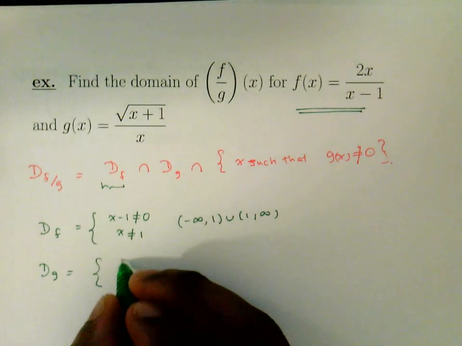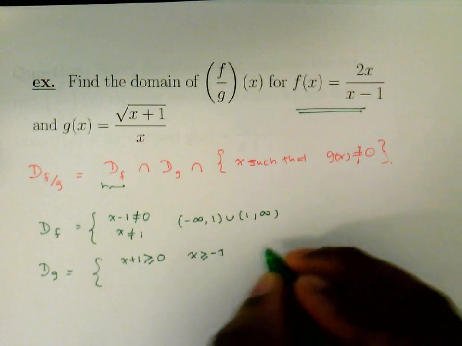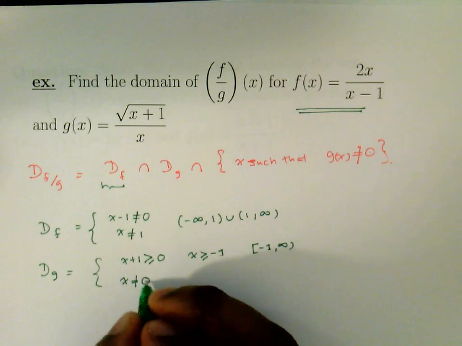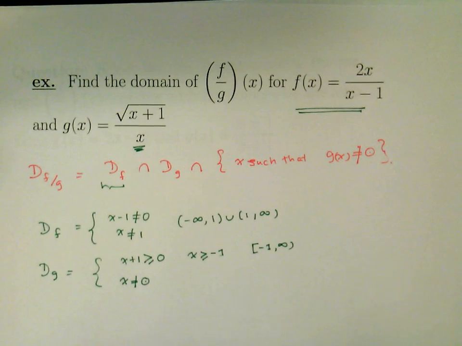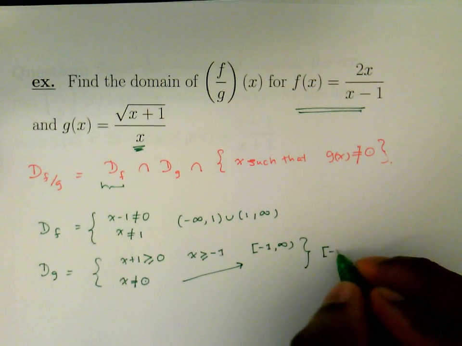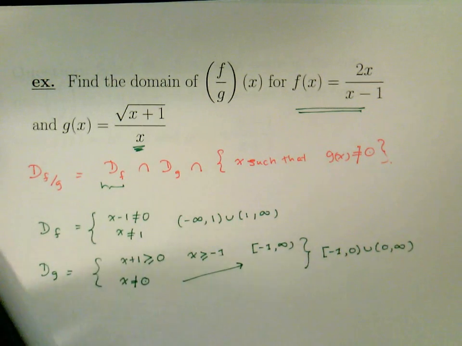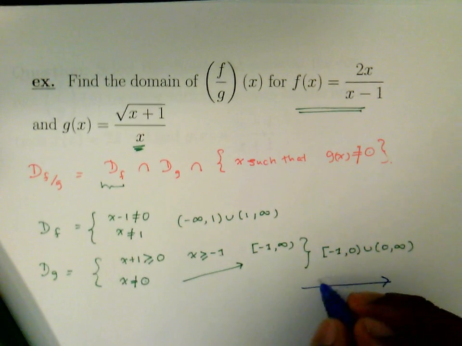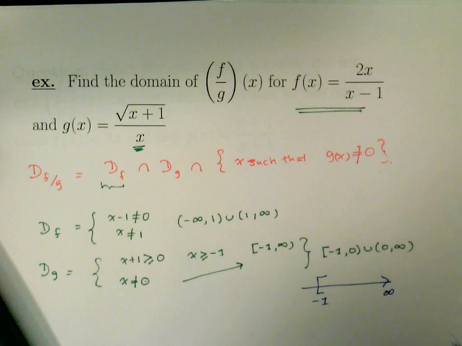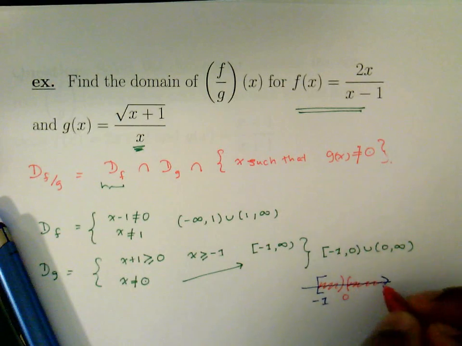For the square root, x plus 1 should be greater than or equal to 0, so x is bigger than or equal to negative 1, that would be negative 1 to infinity, but x not equals 0 because this cannot be 0. Together, you should get negative 1 to 0 and then 0 to infinity. If you're not sure about that, draw a number line: negative 1 to infinity is here, and then you also drop 0. So this part and that part.